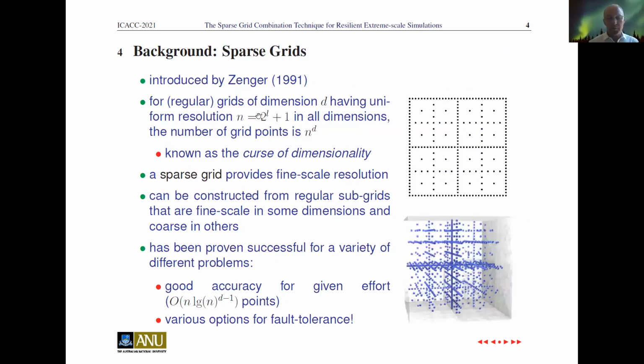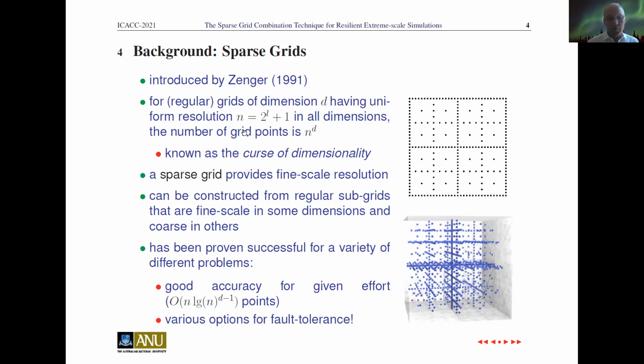Okay, so this is sparse grids, and I'm sure you're familiar with normal grids, where you have basically a rectangular set of points, and you have your field, your solution, being evaluated on those points.